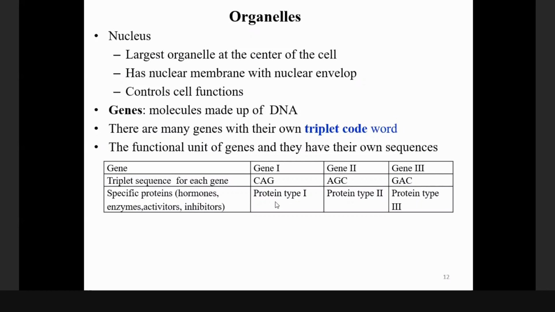Those proteins can be ion channels, enzymes, or receptors, so the cell activity is controlled by those proteins made because of the DNA. The information in the DNA is transcribed into RNA, and that's called transcription.